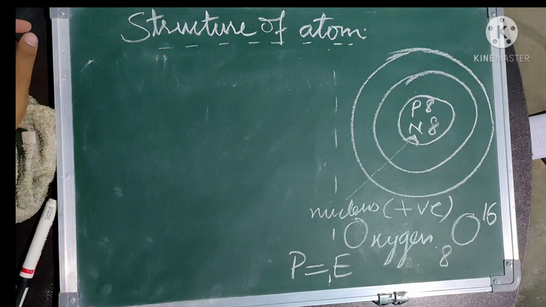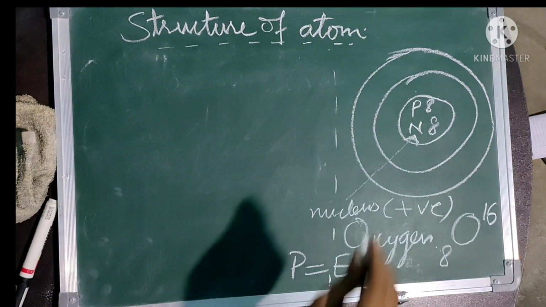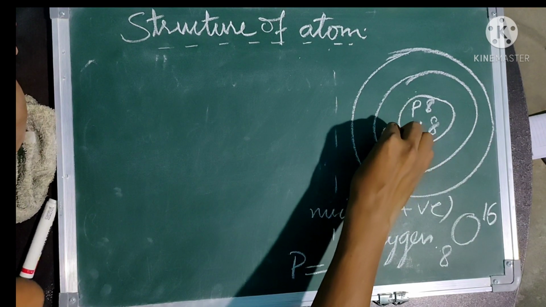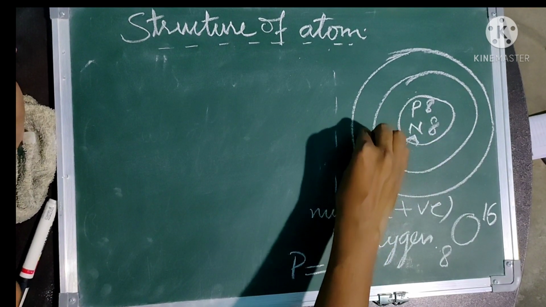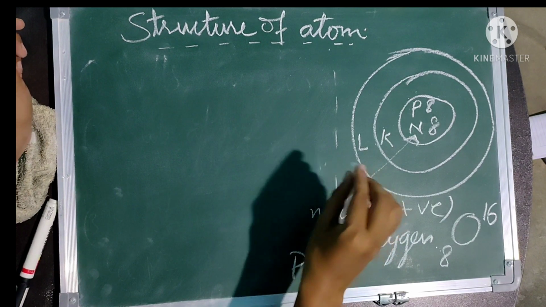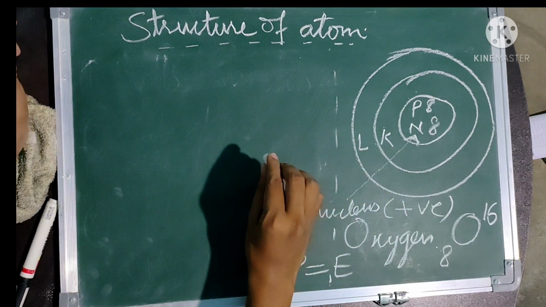So the electrons, number of electrons residing in a particular shell, this first shell we call as K, the second shell we call as L, the third shell will be M, the fourth shell will be N.